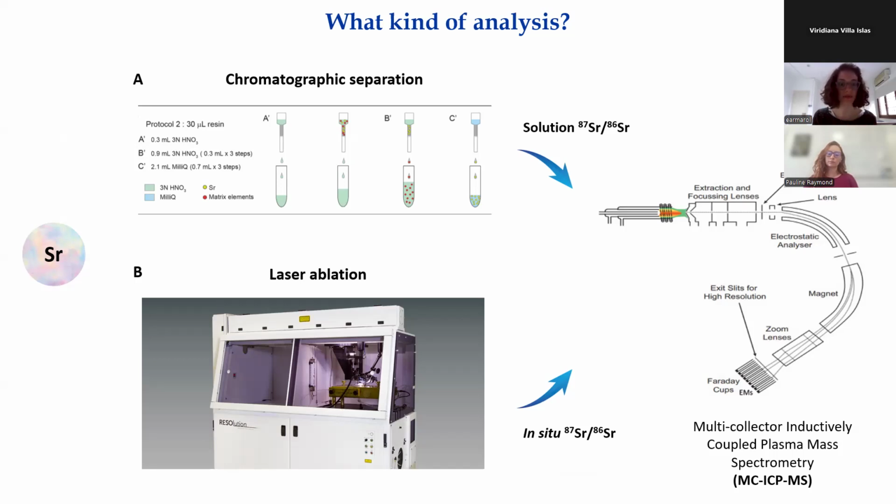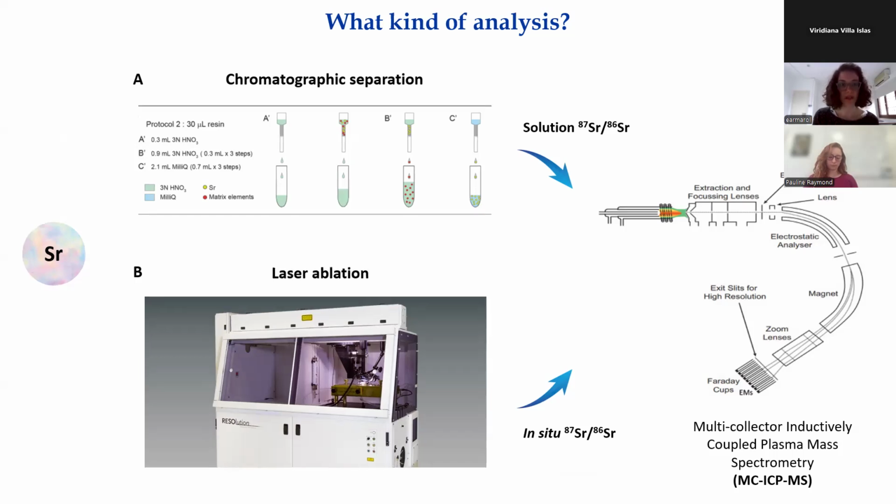This means we have minimal sample loss with this technique and a higher resolution. The laser ablation system is then coupled with a mass spectrometer for the actual measurement of the isotopes.